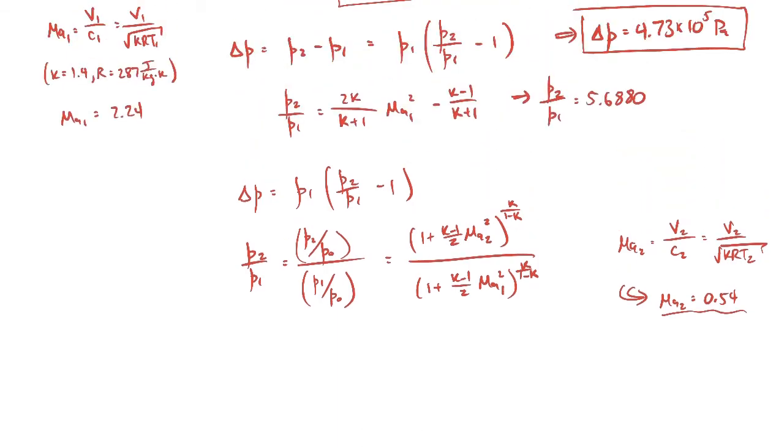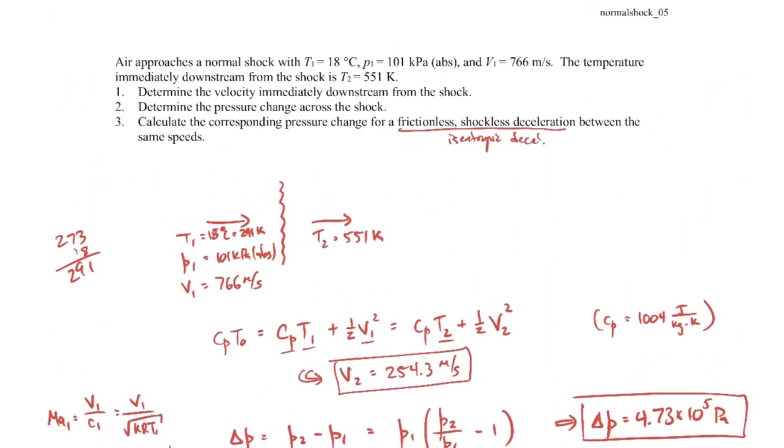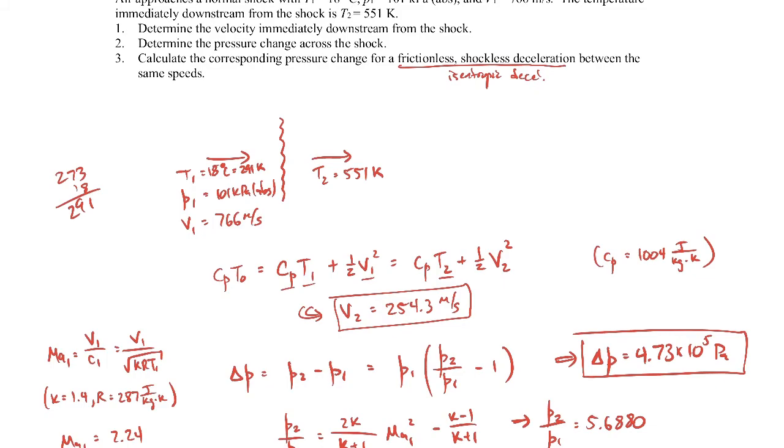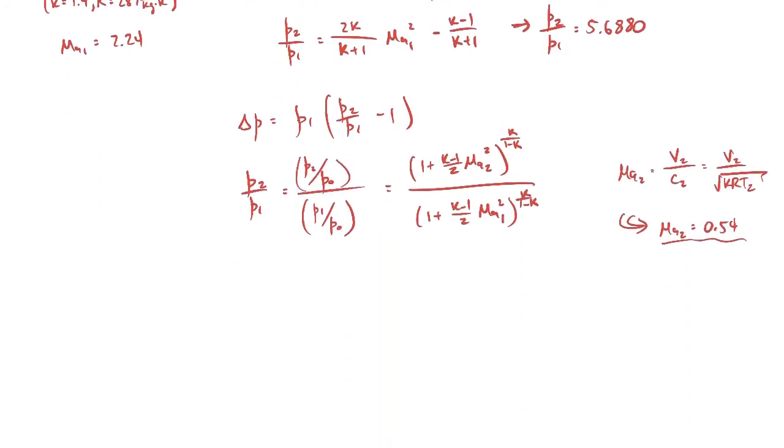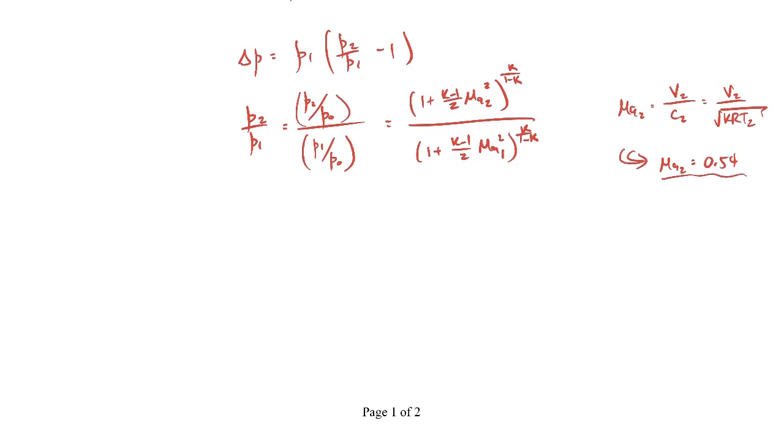Now keep in mind that the problem specifically is asking what's the corresponding pressure change if we go between the same speeds. So what I'm assuming is that we're going from this V1 at 766 meters per second to this V2, but we're doing it isentropically. Okay, and so we're going to use the same temperature and the same velocity here as our ending condition for this isentropic case, just so we can make a comparison.